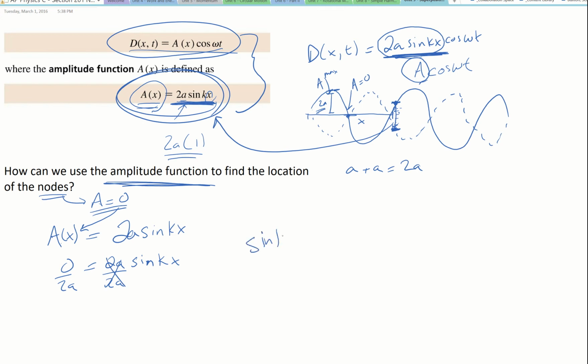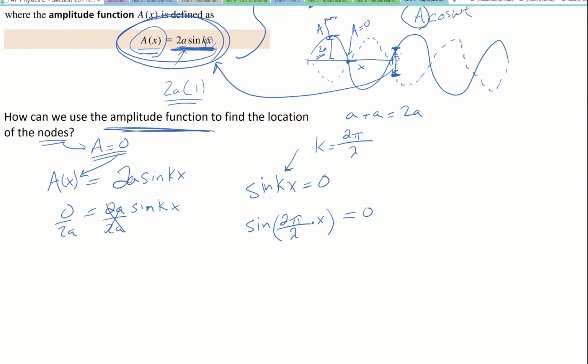So we end up with sine of kx equals 0. Now keep in mind, k is the same k we've seen before. It's our wave number, which is 2 pi divided by the wavelength. So I'm going to substitute that in: sine of 2 pi divided by the wavelength, times x, equals 0.